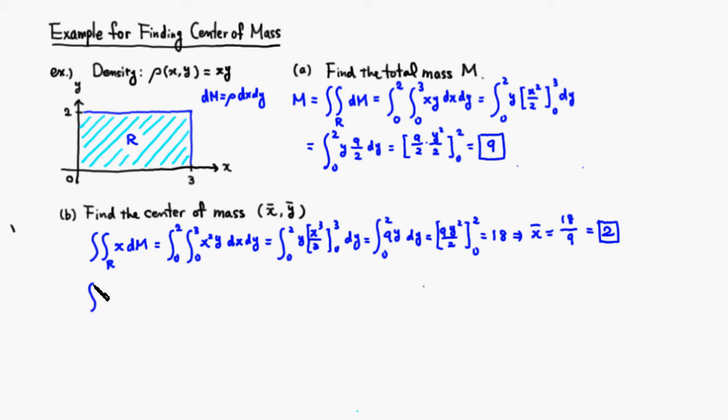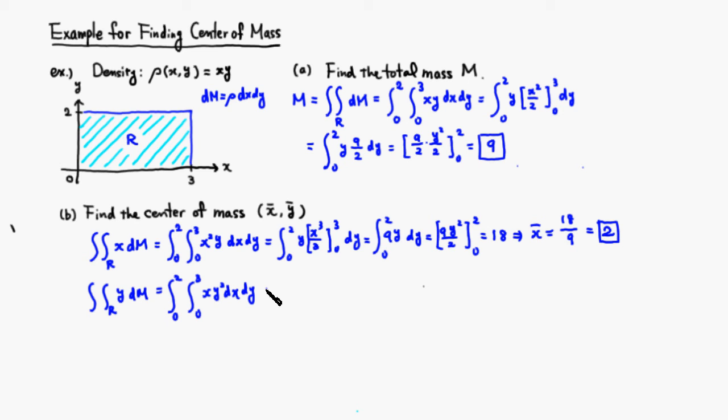So first we compute the numerator: y dm, over the same region, so y goes from 0 to 2, and x goes from 0 to 3. So xy times y gives xy squared dx dy.